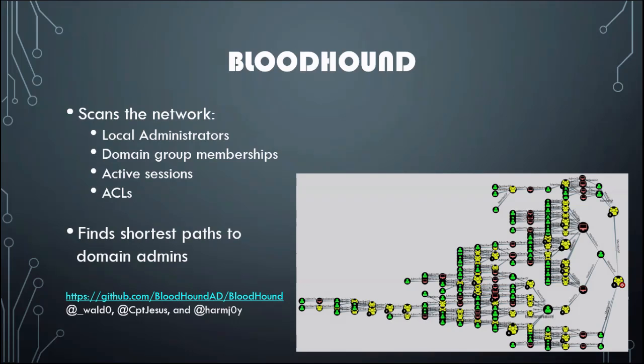That information includes local administrators on domain computers, domain group memberships, active sessions on the machines, access control lists, and a few more. And then it uses all that information in order to construct that graph which reveals paths that lead from less privileged domain accounts to domain admins. So if you're not familiar with this tool, I definitely recommend that you check it out and see all the features that it has.